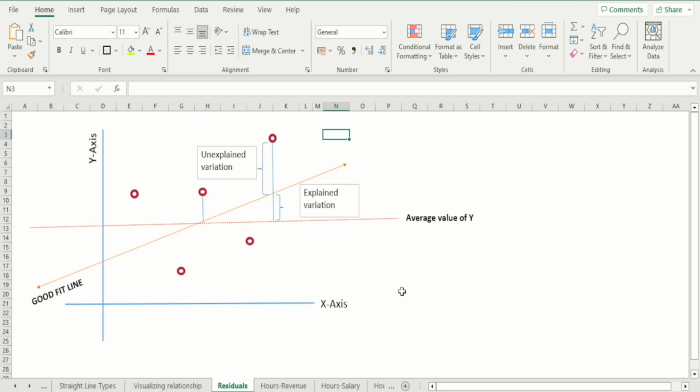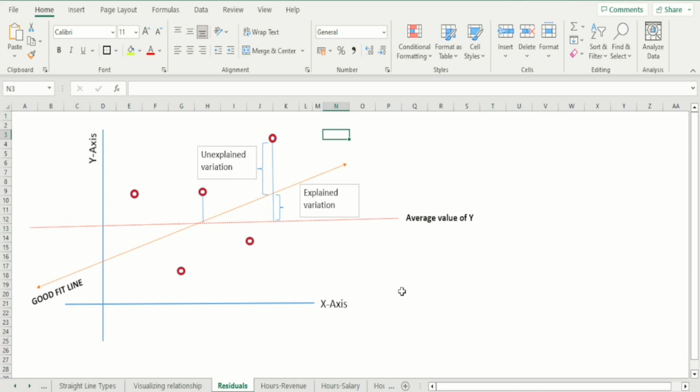So given this, what is the ideal scenario? The ideal scenario is that our unexplained variation is less and our explained variation is more. Now that's a good regression model because then we are able to give a correlation between changes in x versus changes in y. And that's what we eventually want to get to.